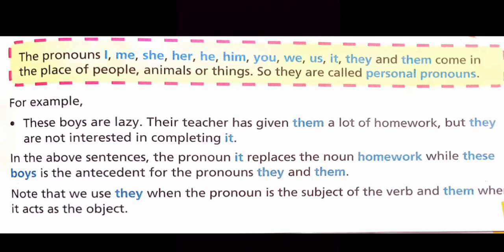In this sentence, the pronoun it replaces the noun homework, while these boys is the antecedent for the pronouns they and them. Note that we use they when the pronoun is the subject of the verb, and them when it acts as the object.